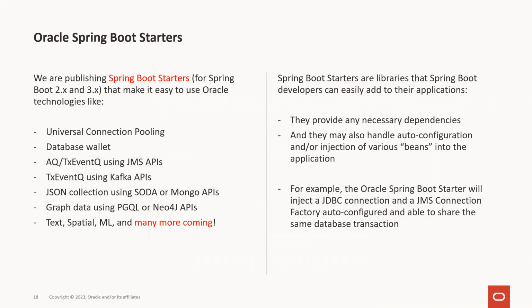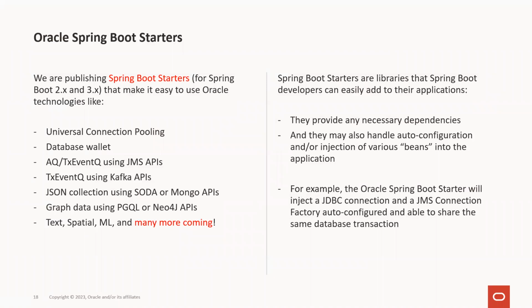For example, there's a standard Spring Boot starter called Web that lets you create a REST server, like a web server with REST capabilities. So we've started creating these for Oracle-specific technologies.